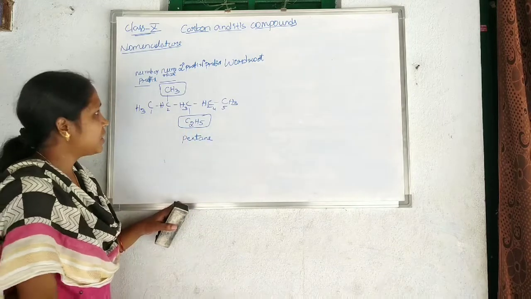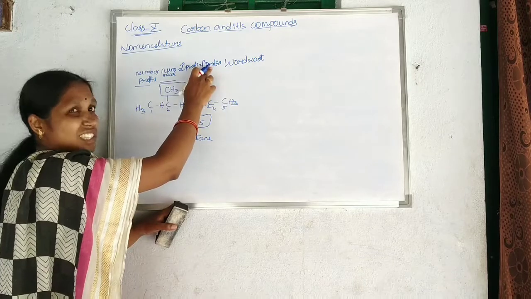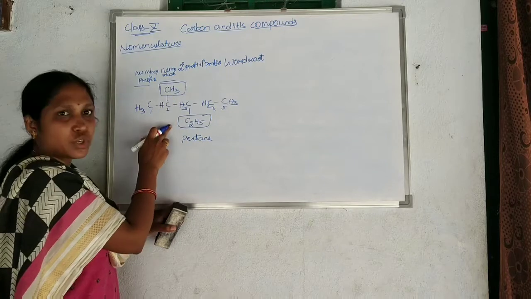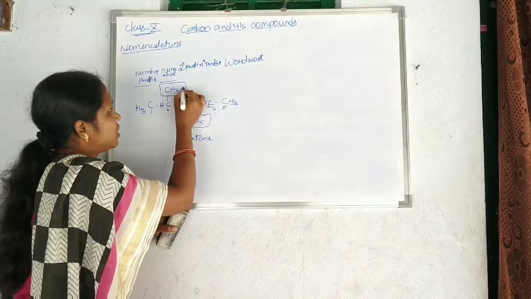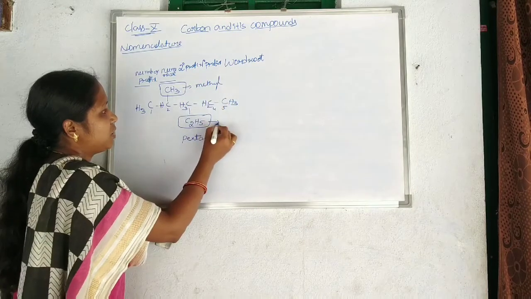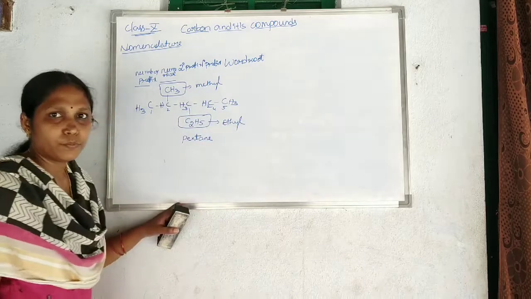And next, is it a straight chain or cyclic? Straight chain, so the primary prefix cyclo is absent. So go to the secondary prefix. Here two substituents are there. One is CH3, which we call methyl, and C2H5, which we call ethyl.